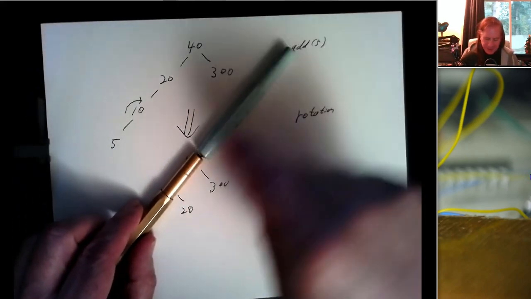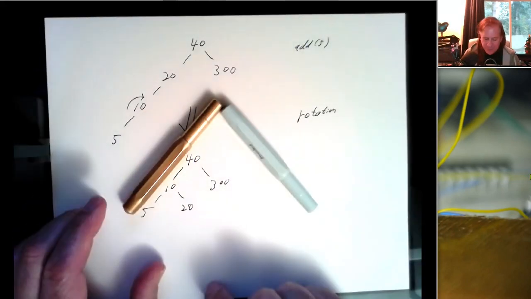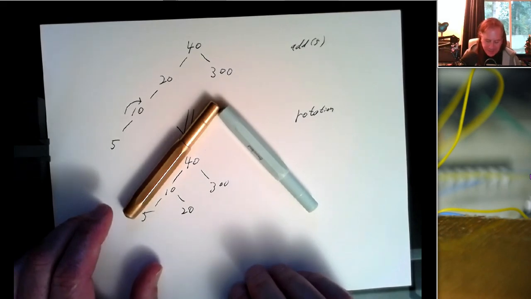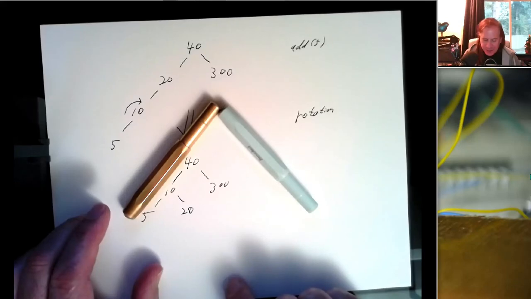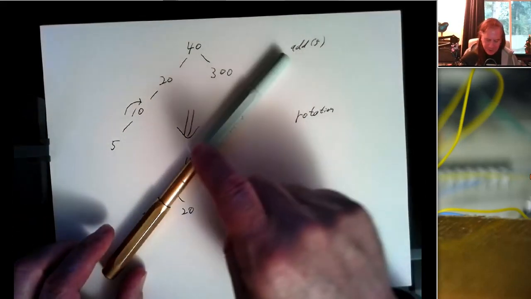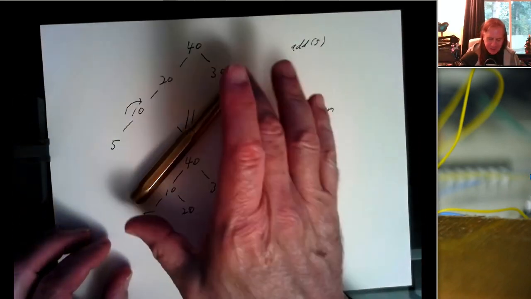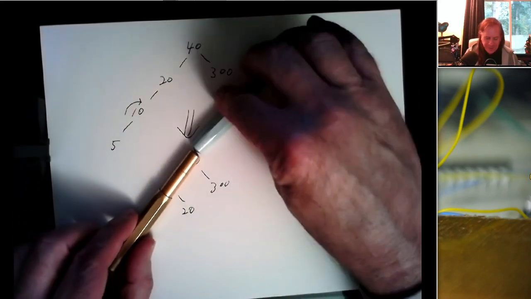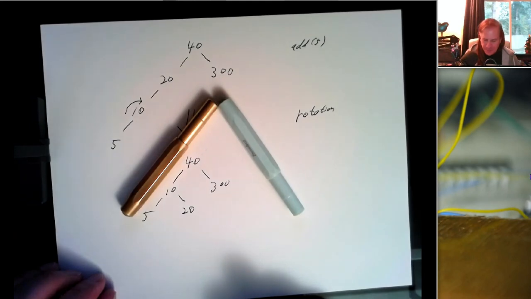We can take something that's above the 10 and move it to the right, and we'll still have that fundamental binary search tree property, that this node is bigger than the thing on the left, smaller than the thing on the right. But when we take a structure like this, 3 nodes, and we change it into something like this, we decrease the height of this 3-node structure from having a height of 2 to having a height of 1.